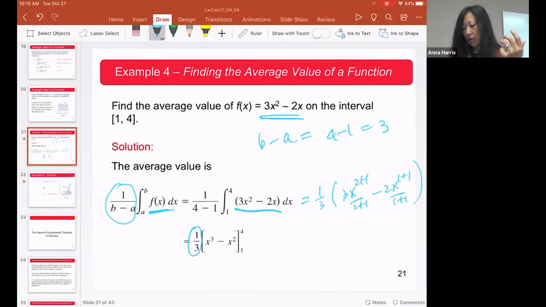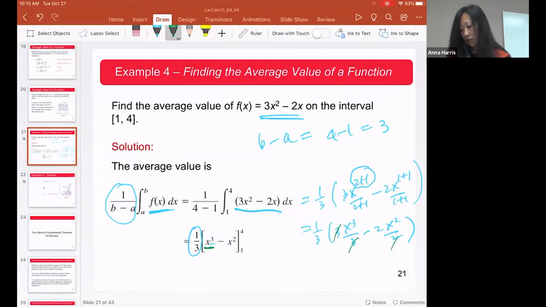You can clearly see 2 plus 1 is the same as 3. Okay, so you can see the 3 and 3 cancel out, and the 2 and 2 cancel out, just to have that.